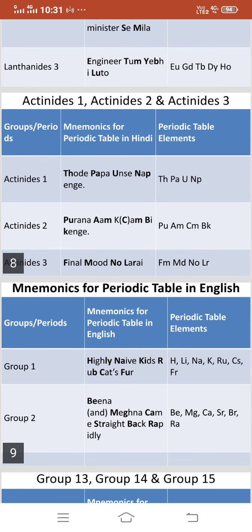And for actinides 3, final mood no लड़ाई. So these are the various mnemonics that can help to learn the various block elements present in the periodic table.